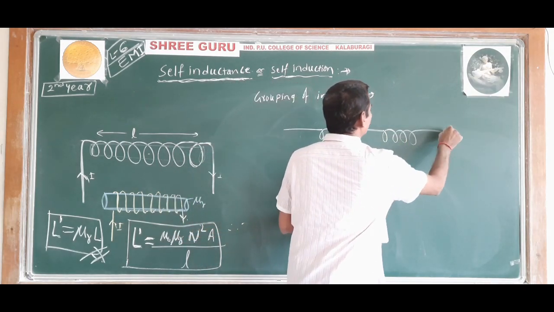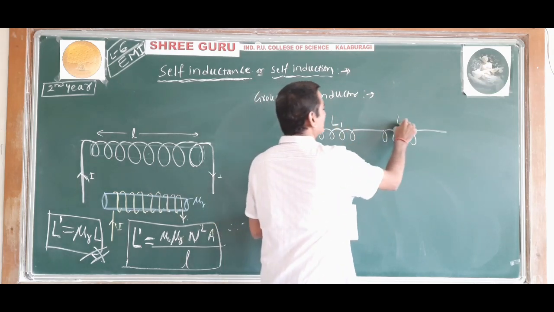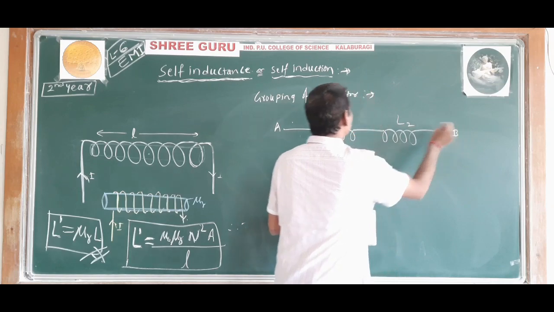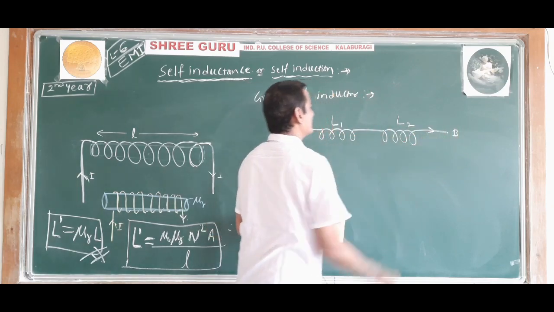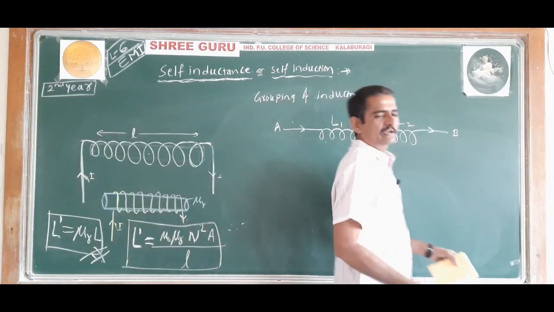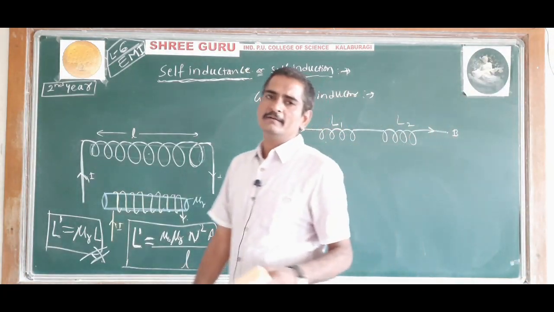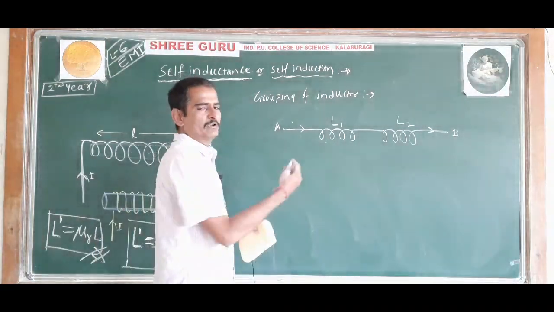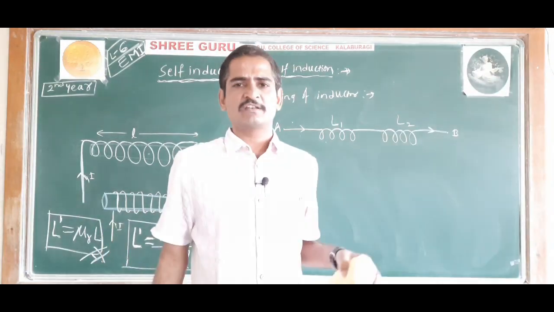Let us consider two self-inductors of self-inductance L1 and L2 connected in series. Then the effective self-inductance of these two, I will tell the formula directly, this derivation is not required.